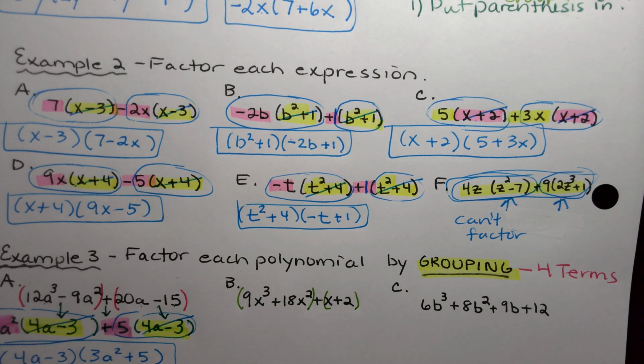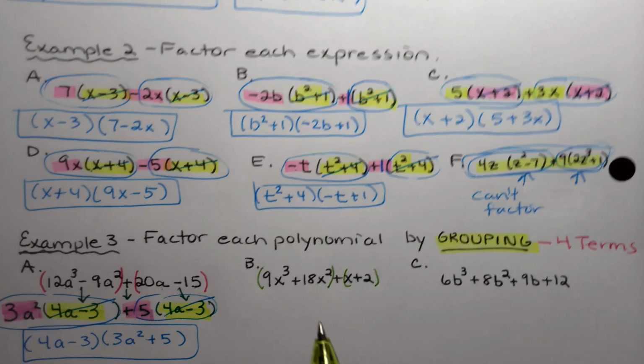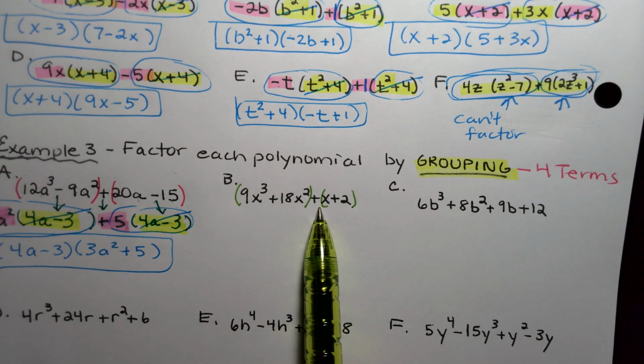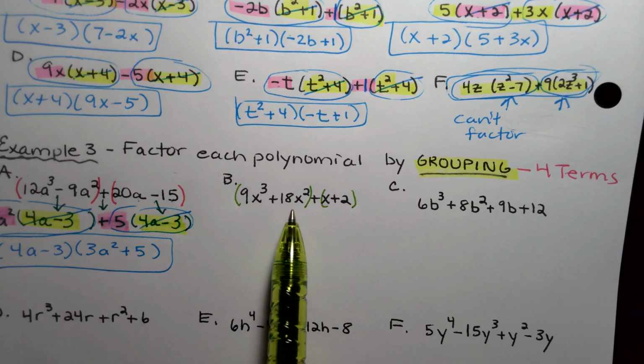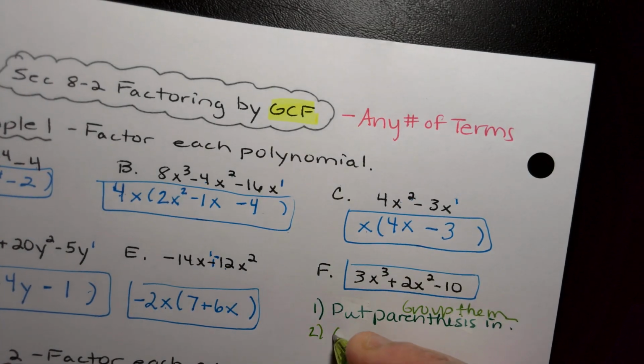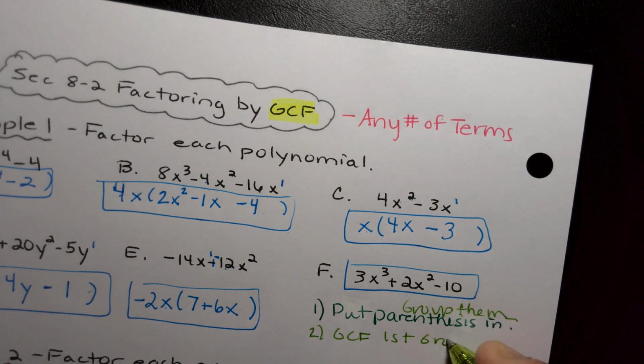My question for you is, did you leave that plus sign out of the parentheses? Yes, I hope you did. Now, do GCF on the first parenthesis, GCF first group, and then GCF second group.